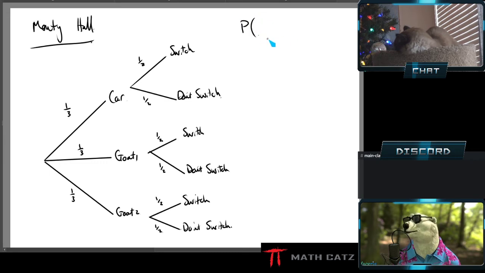The probability I'm looking for is, given I switch, what is the probability that I win the car? So if I selected the car, switching is going to be a loss. If I've selected goat number one, switching is going to be my win. And if I selected goat number two, switching is going to be winning again.